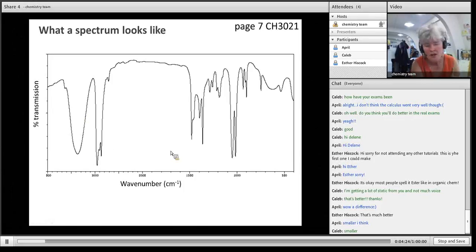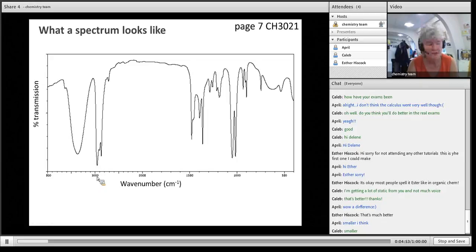Now, a thing you also have to work out with infrared spectra is the scale down at the bottom. Notice if we go over here, it's 500, 1000, 1500, 2000. Can you see the scale is the same? But then you would expect this to now be 2500, and it's 3000.